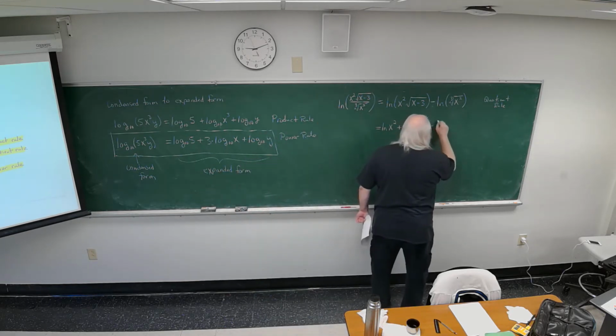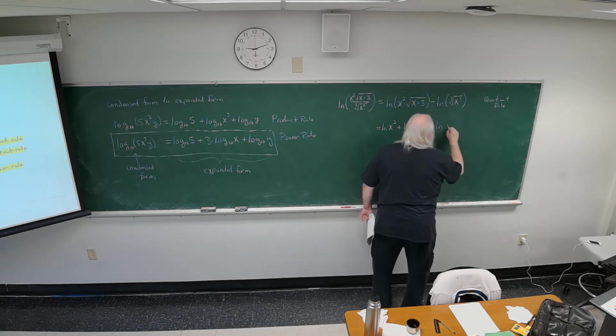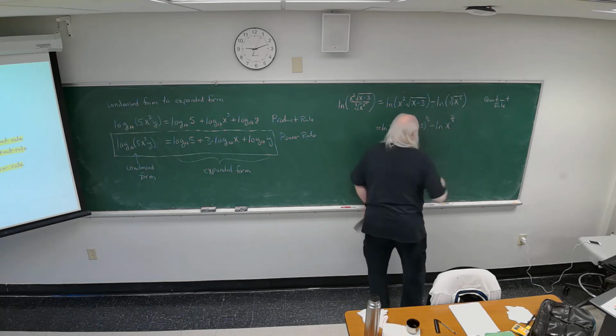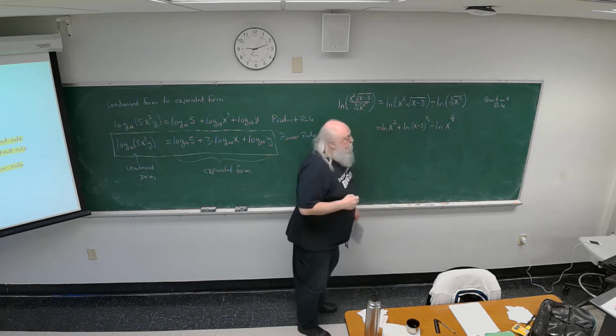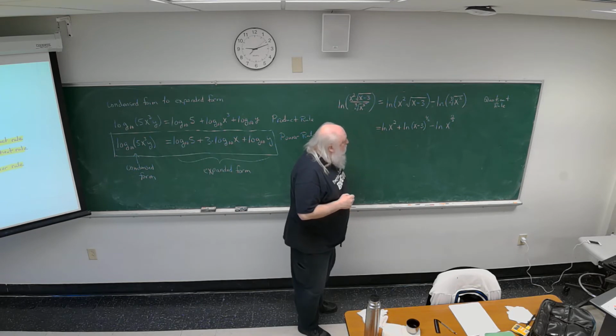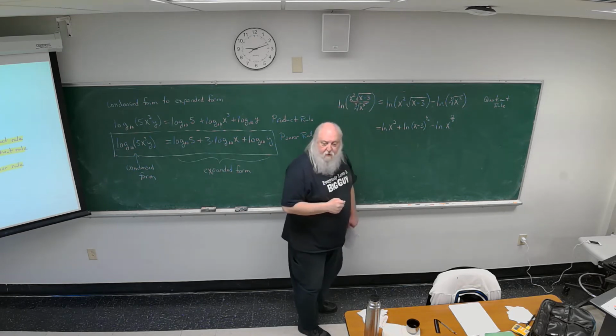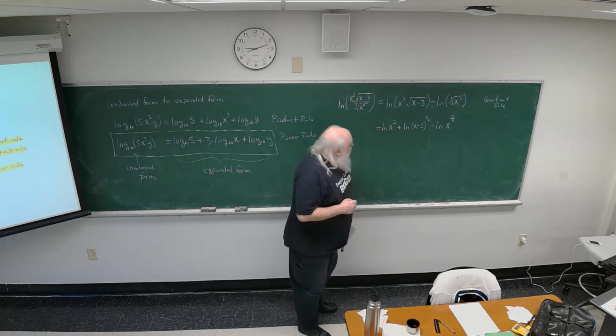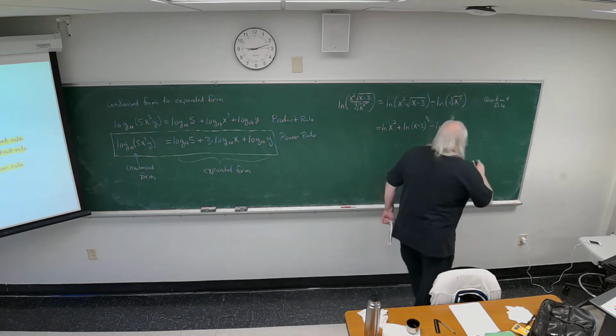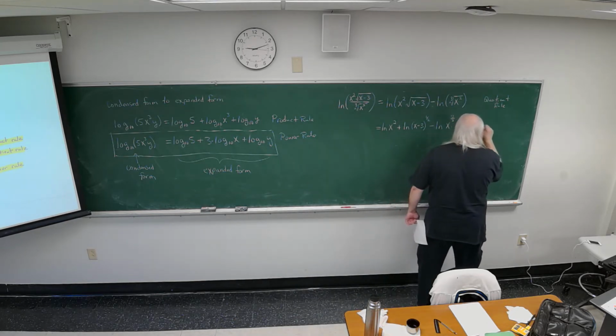And then we have minus the natural log of the cube root of x squared, which can be written as x to the 2/3 power. Cube root of x squared is equivalent to x to the 2/3 power. So this is applying the product rule.